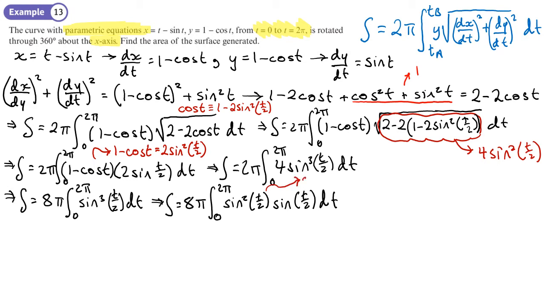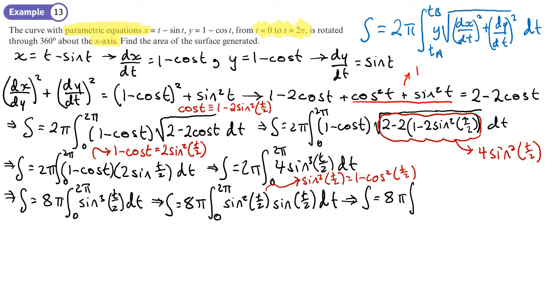So we can say that sine squared t over 2 is equal to 1 minus cos squared t over 2. Then we're going to substitute that here, and then we're going to be able to use substitution to be able to do the integration.